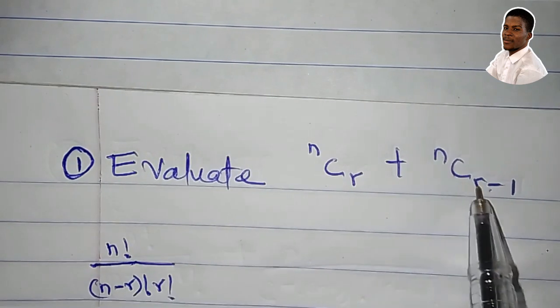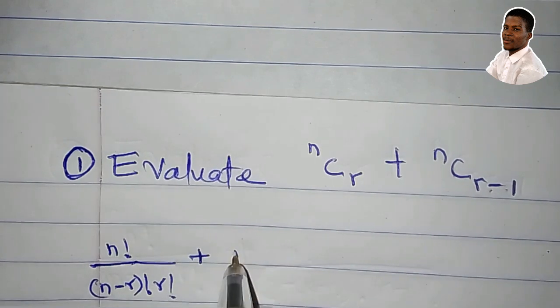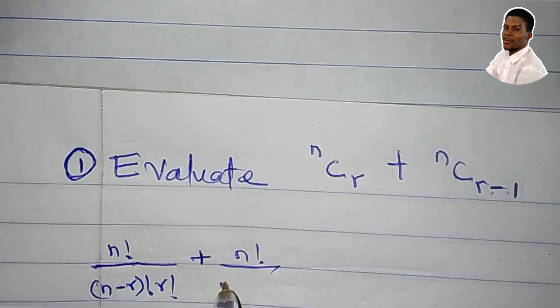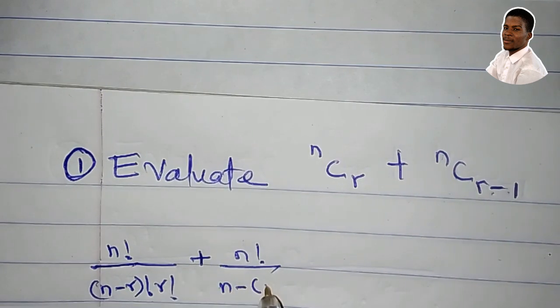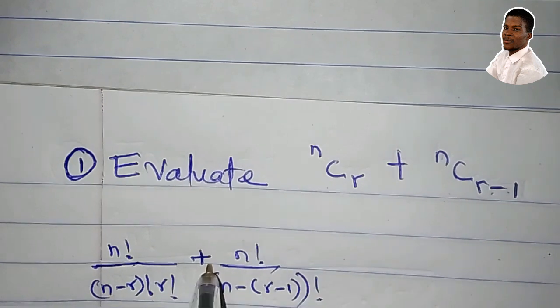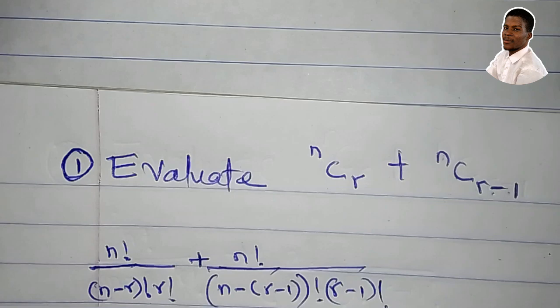So what will nC(r-1) be? It will be n factorial all over (n minus (r minus 1)) factorial times (r minus 1) factorial.